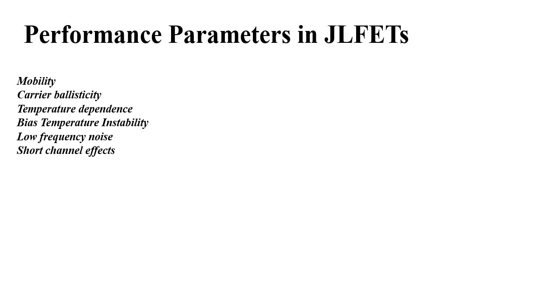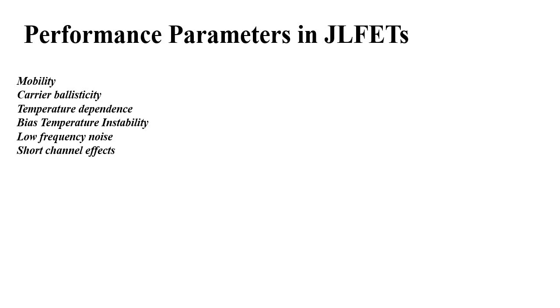So we have to keep in mind while designing the junctionless FETs, we have to keep track of mobility. Carrier ballisticity. Carrier ballisticity is basically the unimpeded flow of electrons or holes from source to drain region. So carrier ballisticity in junctionless FET is higher.